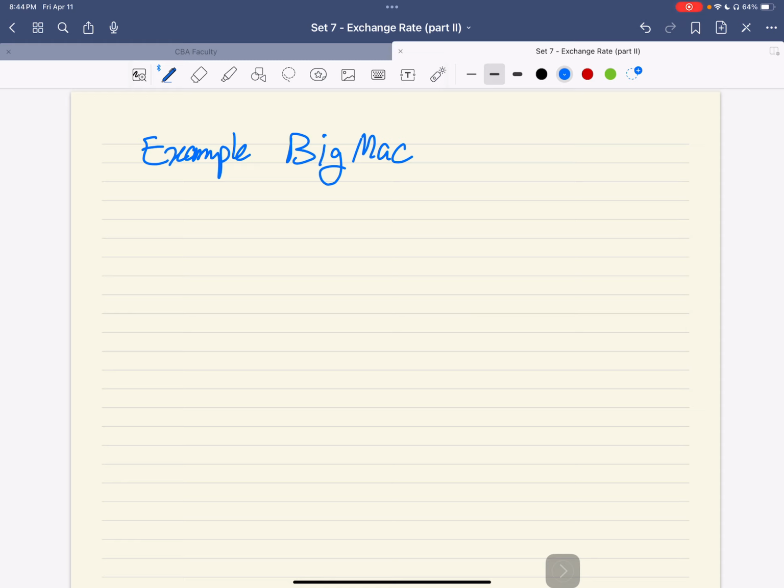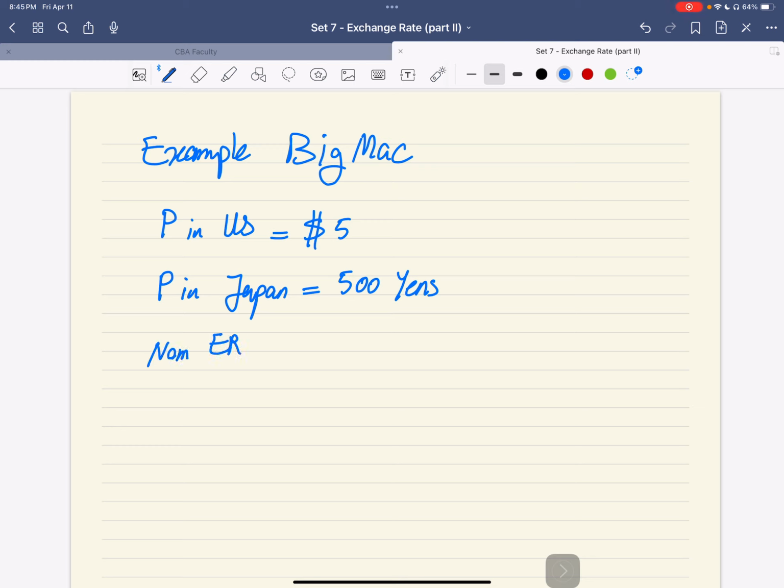Let's say the price in US is $5 and the price in Japan is 500 yen, and let's assume that the nominal exchange rate is 100 yen per US dollar.